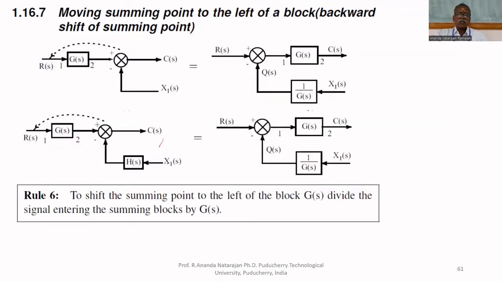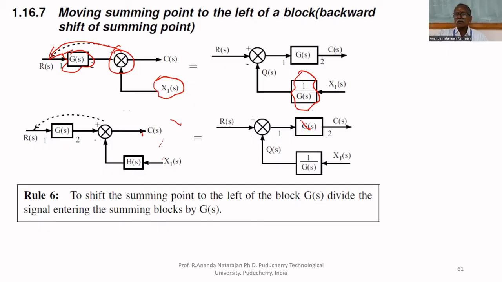The 6th rule is the opposite way, moving the summing block backward. If you do the backward shift, this signal is not multiplied by G of S, but if you shift here, it will be multiplied by G of S. That's why, to compensate that, here x1 is not multiplied by G of S, because it is added after the block.